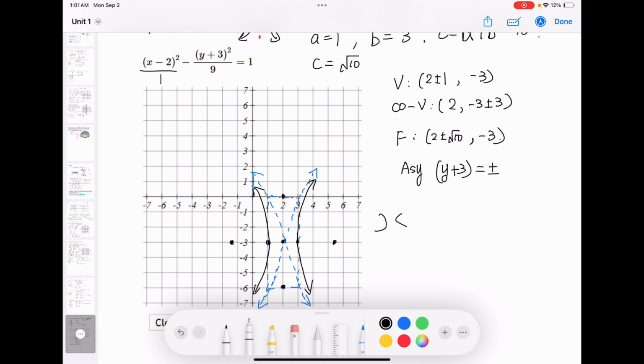Some of you say, it's hard, I don't know. So rise over run. What is the rise? So based on the center, we go up 3 units and then run 1 unit. Okay, we use 3 over 1. That is my b over a.